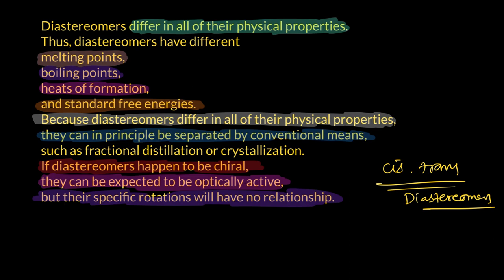They can be expected to be optically active. In case of cis-trans isomers, they are just geometrical isomers but not optically active. So their specific rotation will have no relationship. If one is D, then the other is L. There is no relationship between the diastereomers. So this is clear information about diastereomers.